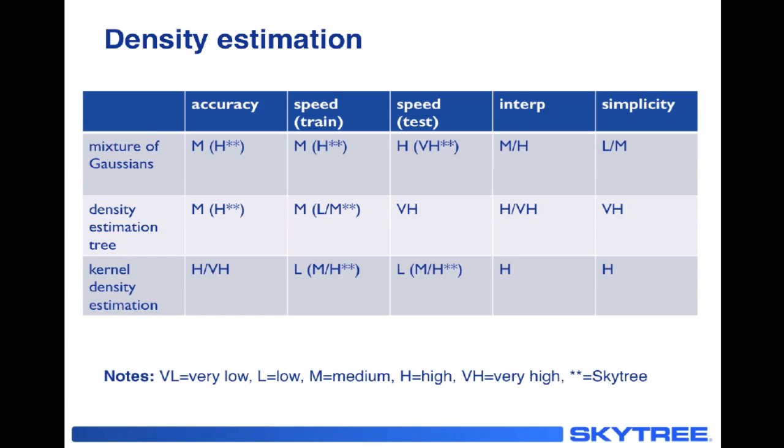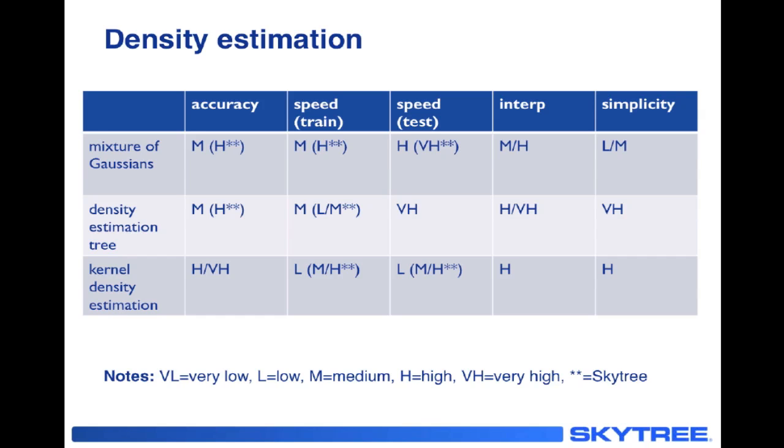Accuracy, kind of medium in parentheses here. So very low is VL, low is L, medium M, and so on. I will put in some cases a star. That means if you use a state-of-the-art version, there's always the vanilla method, and then there's a state-of-the-art version with bells and whistles from the research literature or experience.